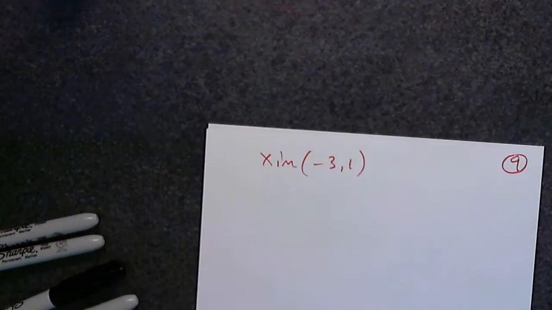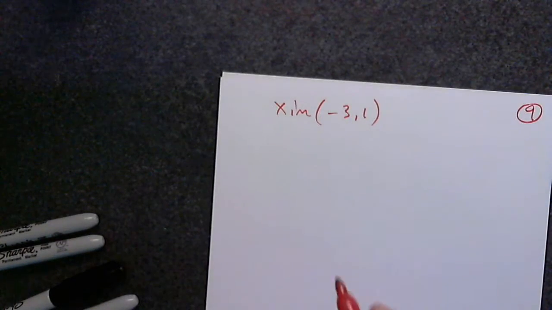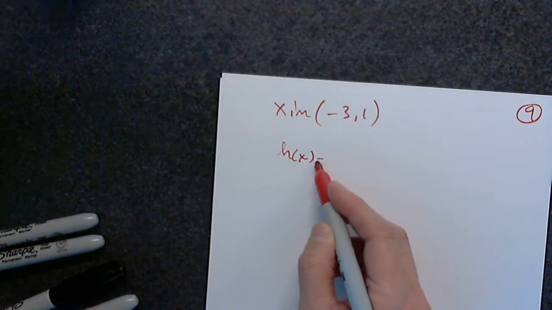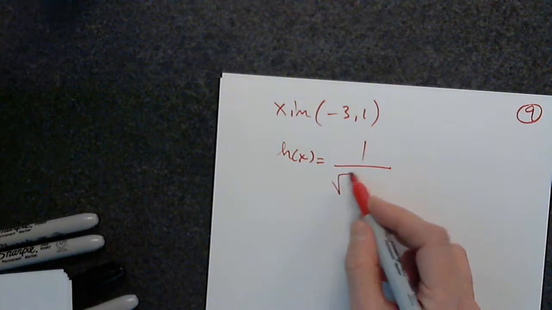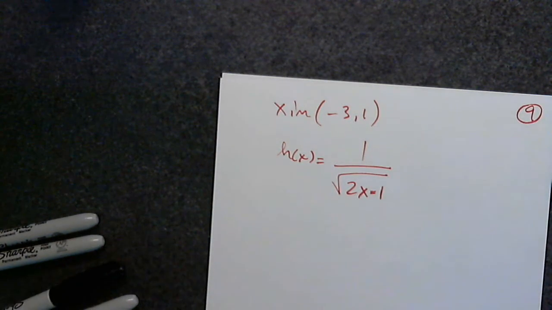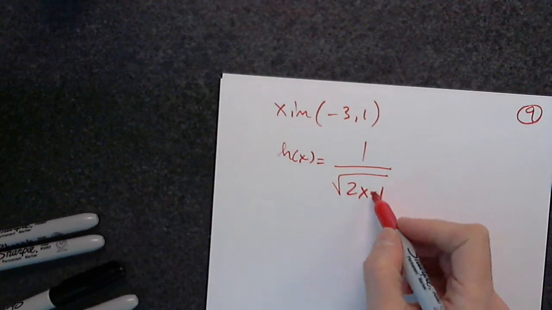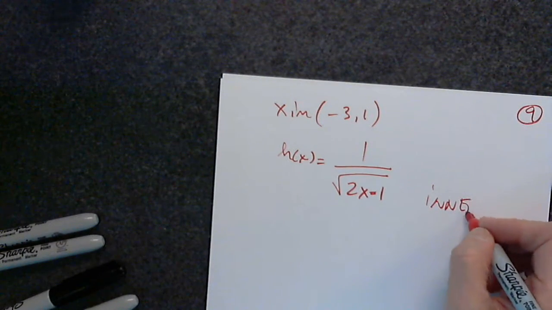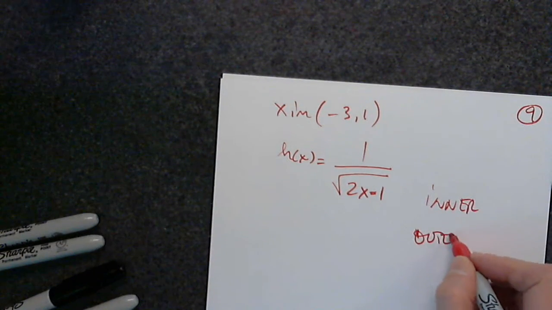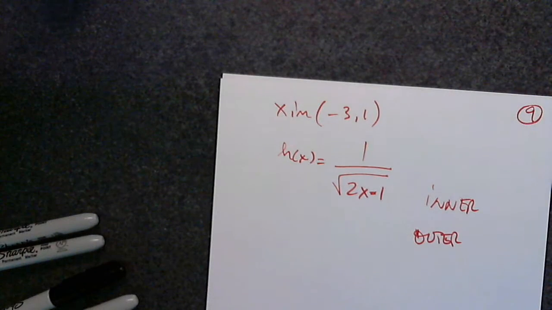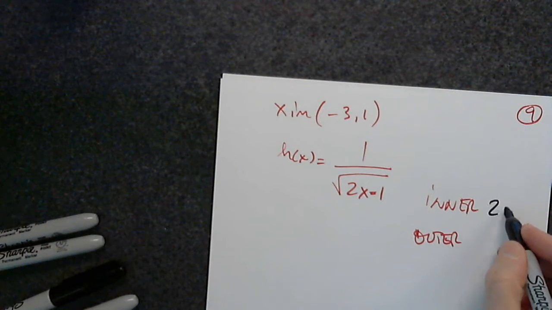Let's look at 9. When we decompose a function, so h of x, 1 over the square root of 2x minus 1, we want to decompose it. I would like an inner and an outer. And that is 2x minus 1.